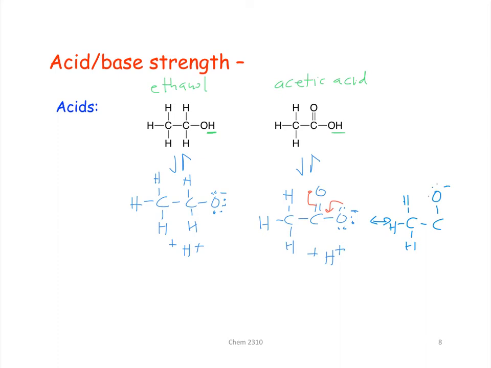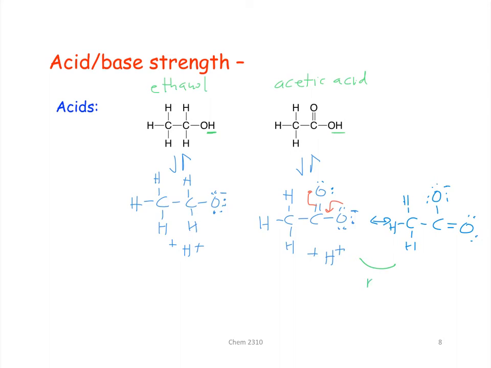Okay, all the bonds are the same. This already had two pairs over here, and we have an O like this. Okay, so what was the relationship between these compounds?